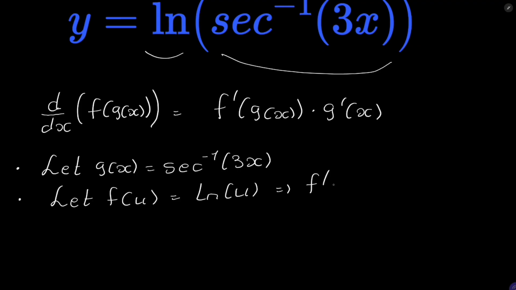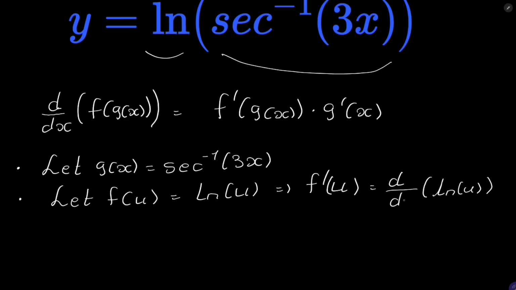This implies that f prime of u, the derivative with respect to u of ln u, is equal to 1 on u.